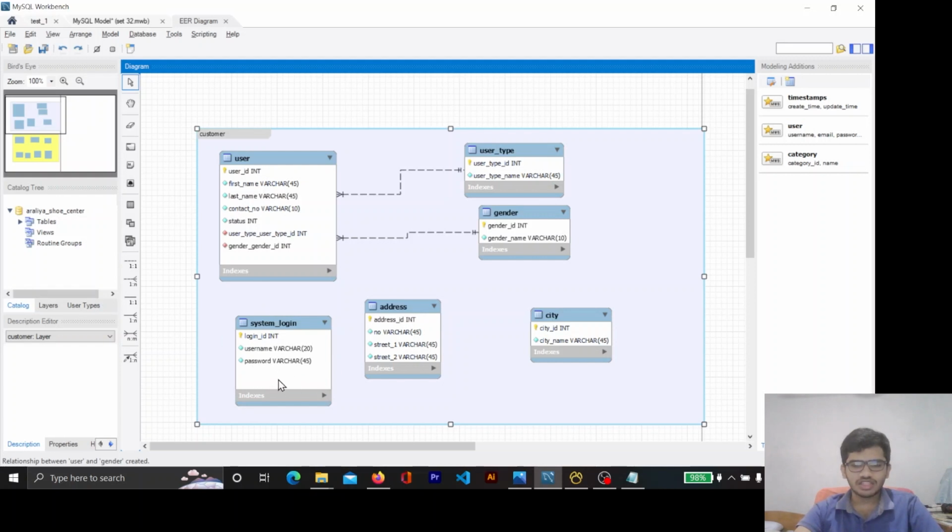If you know the user ID, you get the username and password and can verify that user's login. To do that, first select the side you want to make the foreign key, and then select the side where the primary key is located. So that's that.